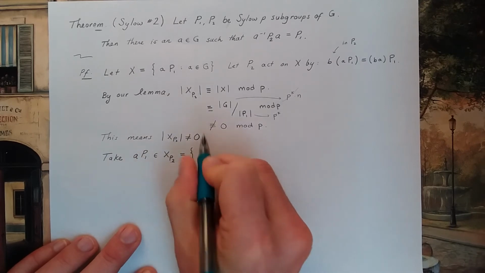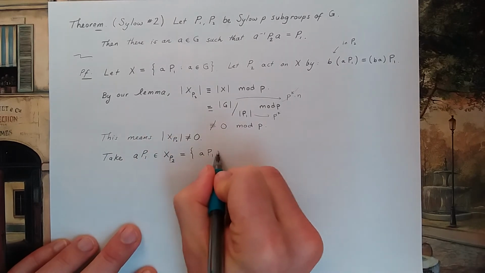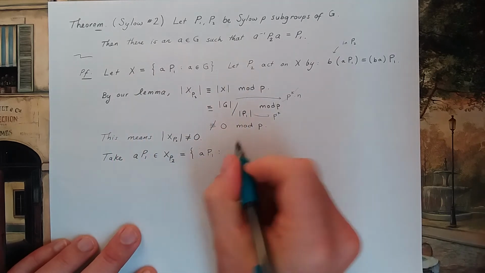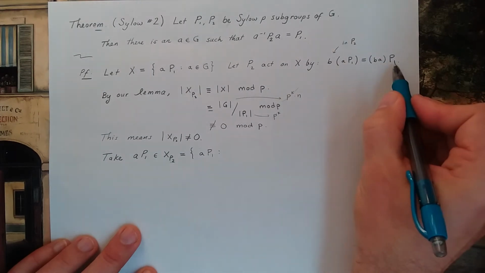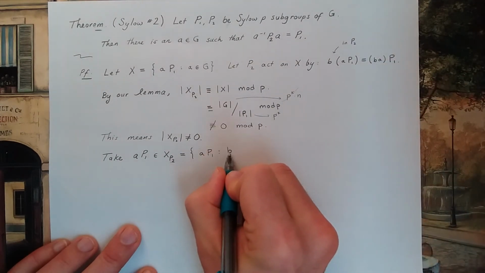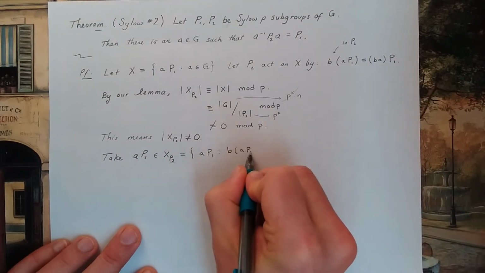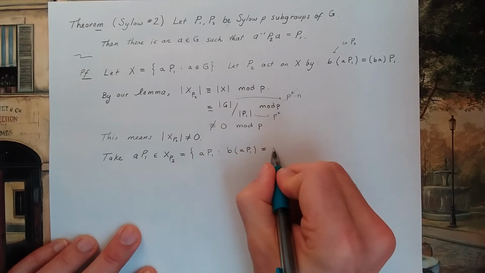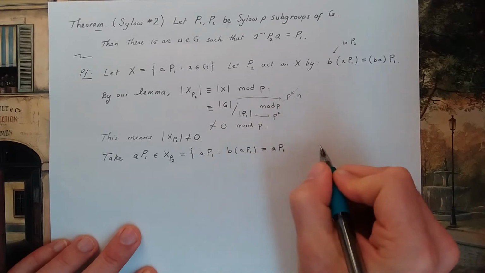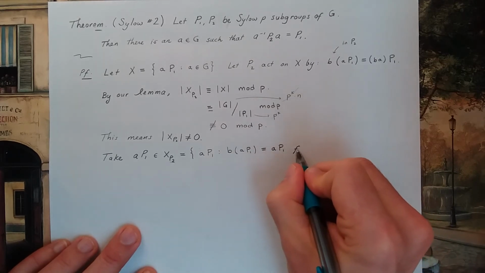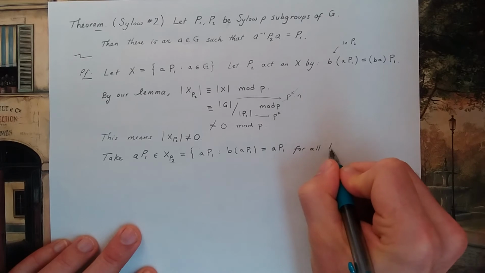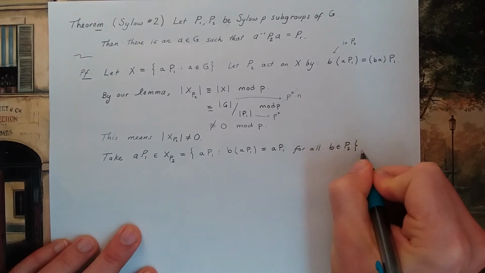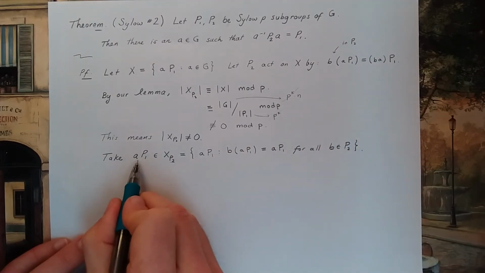This is the set of all elements in X, so everything of the form aP1, such that when I apply this group action, nothing changes. So b times aP1 is equal to aP1, and that has to be true for all elements b in P2. So I know this set is non-empty.